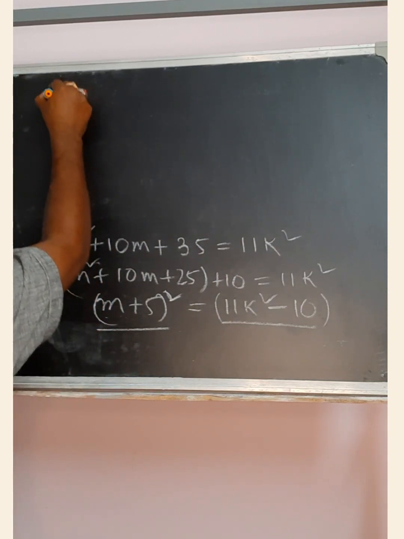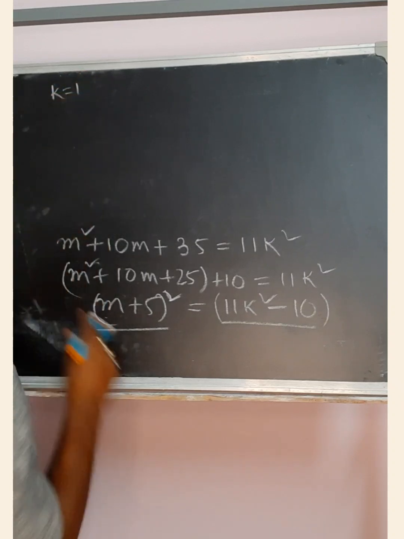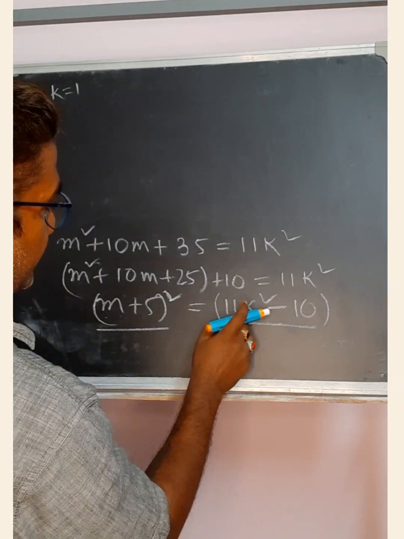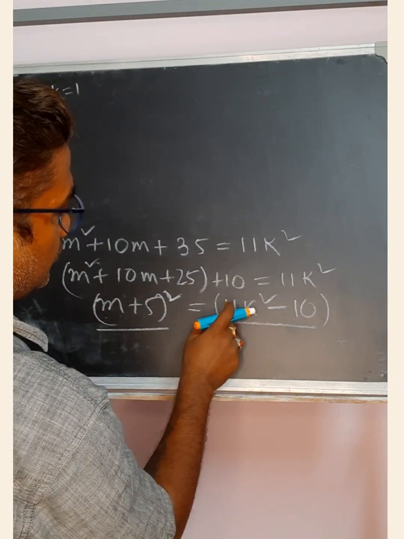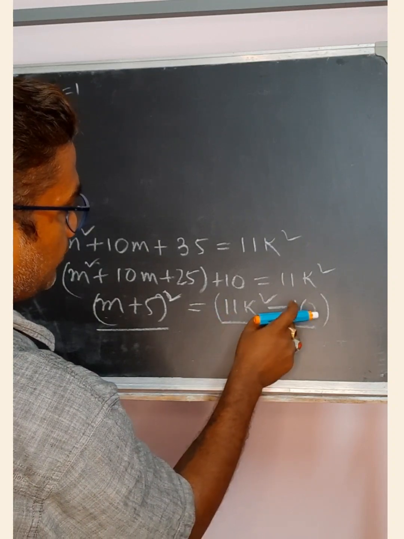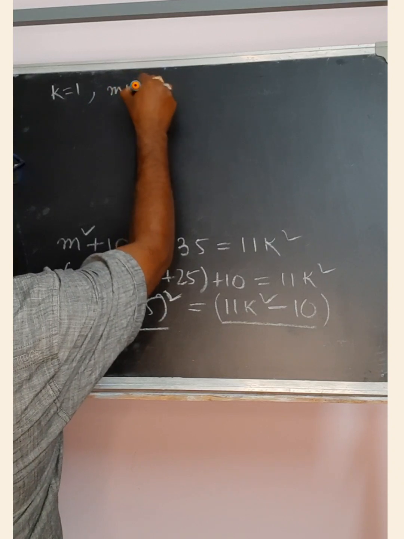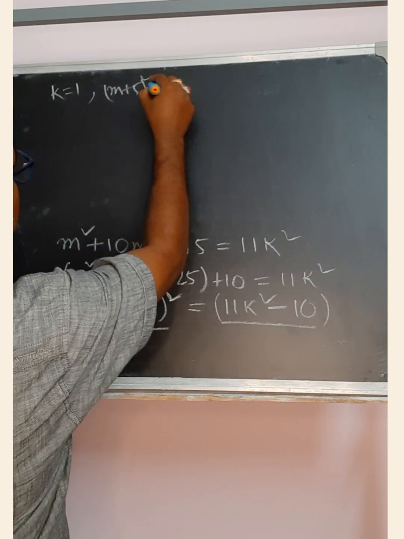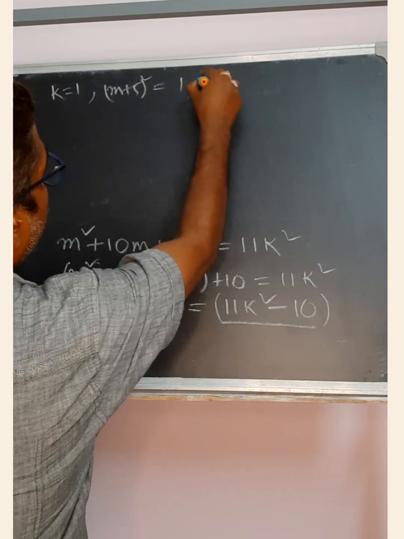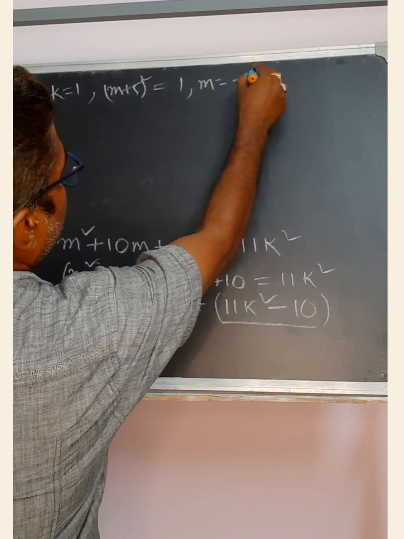Now if I put k is equal to 1, let's say, 1 square into 11 minus 10, so that will give you m plus 5 whole square is equal to 1.